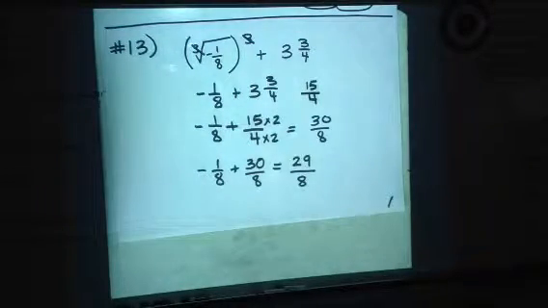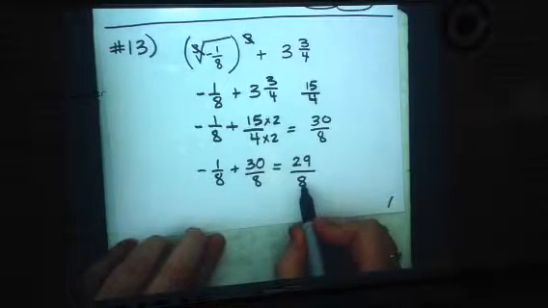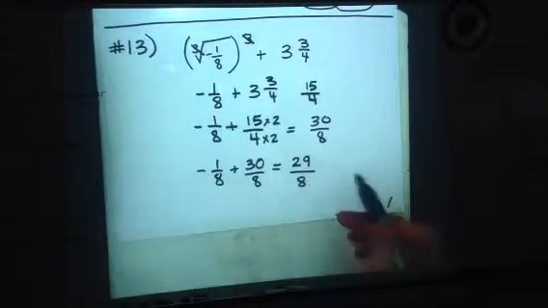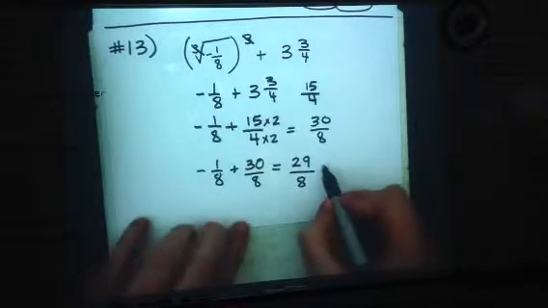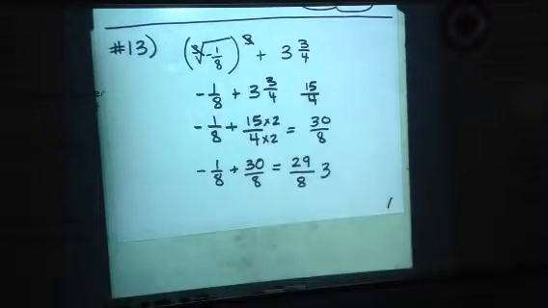Now usually we don't want to leave our answer improper, so let's make it into a mixed number. How many times would 8 go into 29? Think about it, and it's going to be 3. 8 times 3 would give us 24.